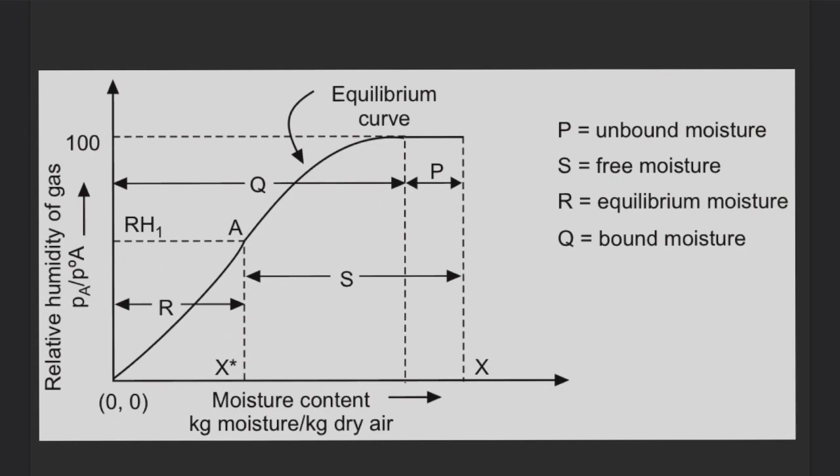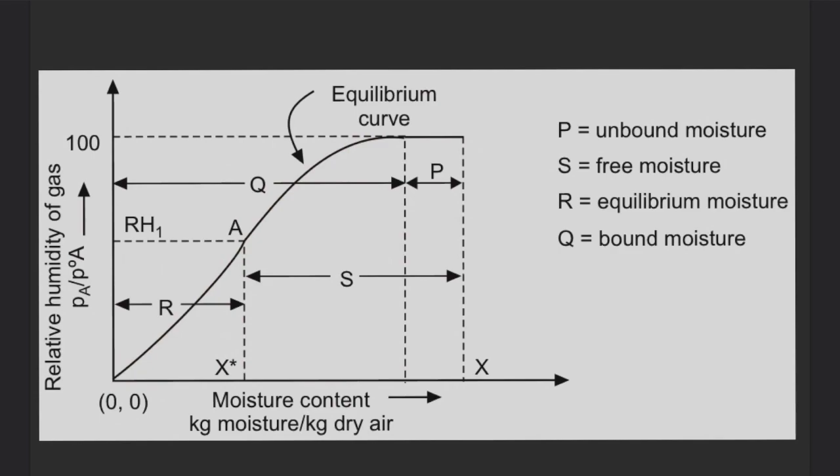We can see from the curve that initially the moisture content is higher. Then of course with drying, moisture content will decrease like this, and relative humidity will also decrease, because the moisture is removed from the body.